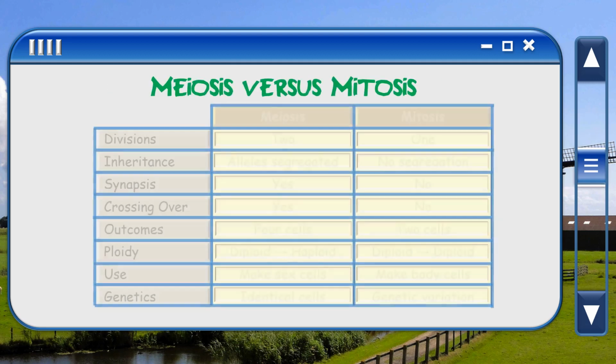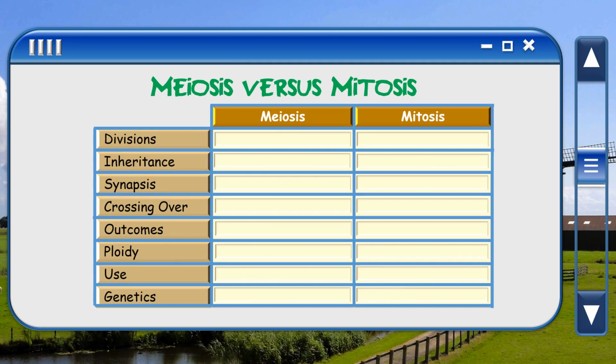Meiosis versus mitosis. We want to compare the two. Division: in meiosis, we have 2 divisions, and in mitosis, we have 1 division.